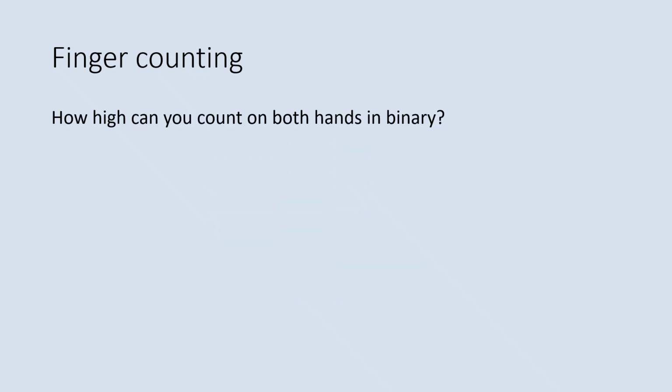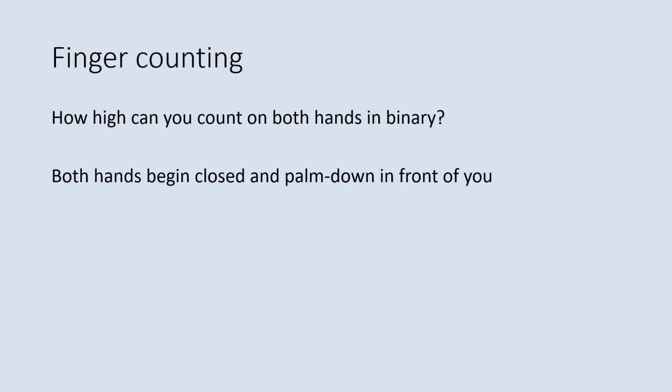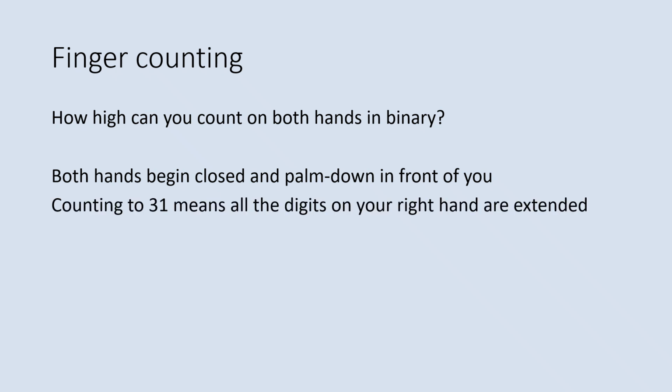What if we count on both hands in binary? If we close both hands in the same way and they're in front of us, so the right pinky corresponds to the ones place, the right thumb corresponds to the 16s place, so the left thumb, which is now in front of you, corresponds to 32.